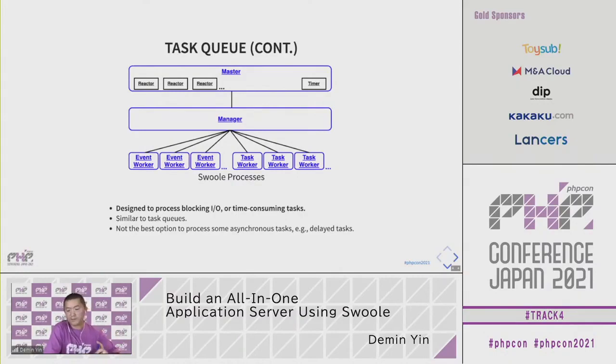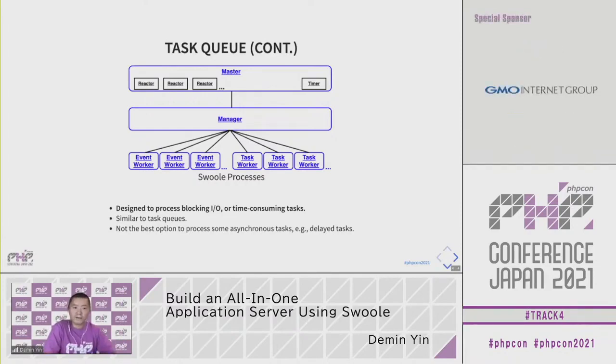But still, not everything in PHP can work in non-blocking mode, like some extensions: MongoDB, Couchbase, and some ODBC drivers. These extensions are developed by some companies or organizations, and they just work in blocking mode.